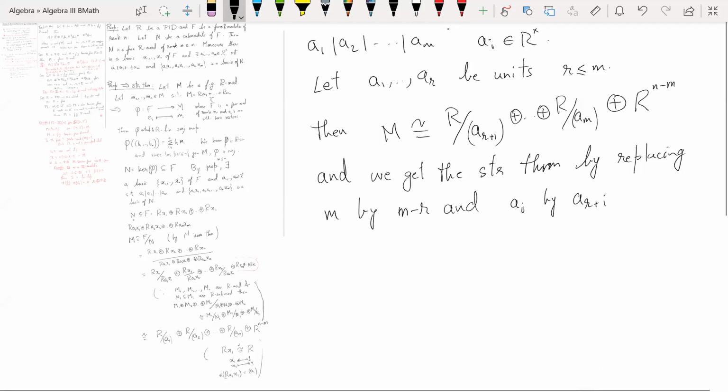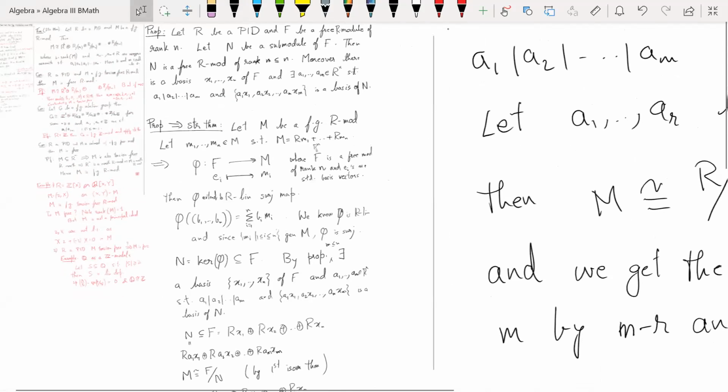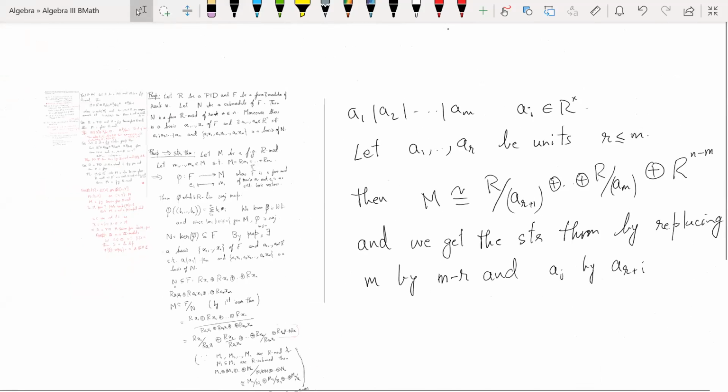Then we wanted to also say that the exponent of the free part is the same as the rank, but that is okay.